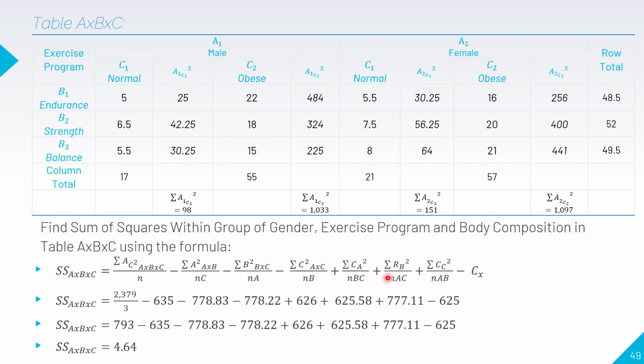That's the value of these three, as I already mentioned many times, the values are there earlier in the previous equations. This is the value of this, this, this, and this, and the value of CX is this. So minus, plus, and minus the CX. We have now the sum of squares within group of A by B by C equals 4.64.